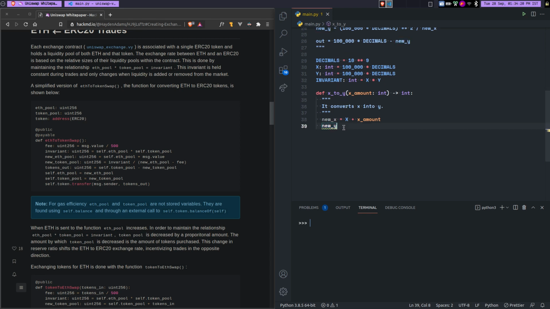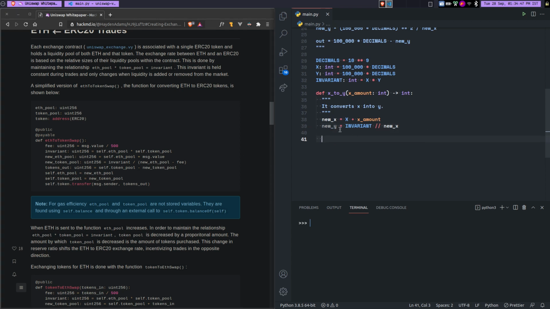So the new amount of Y tokens would be the invariant, which is a global variable here, and make sure we are doing this division so that we don't get decimals. So this is integer division, and now we're going to divide it by the new amount of X tokens. Another thing to note here is we are not using the concept of fee, but I will soon introduce it as well.